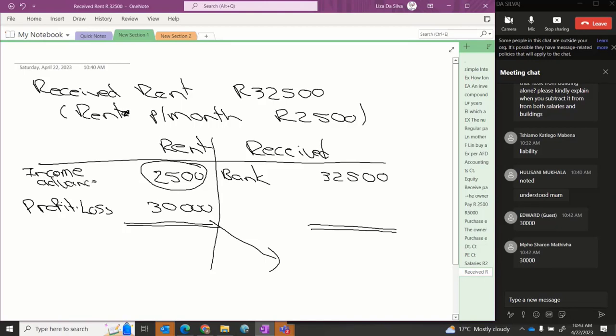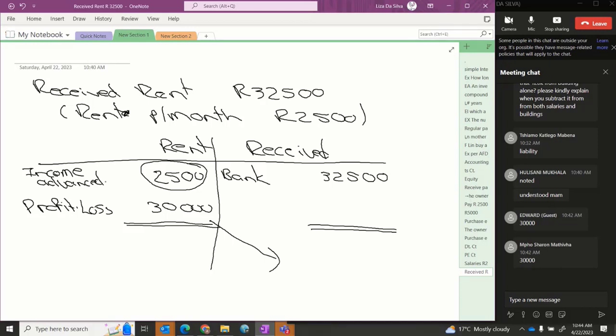I can never remember how you write it. I think they write it like that, income received in advance. But anyway, 2,500 is income that you received in advance.